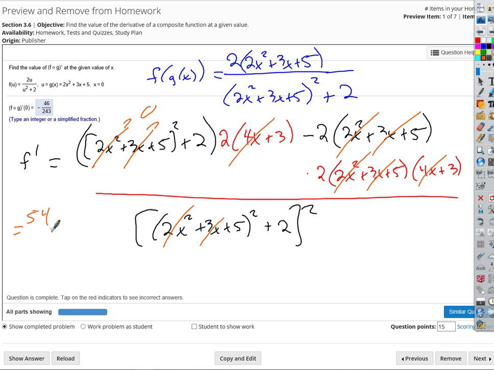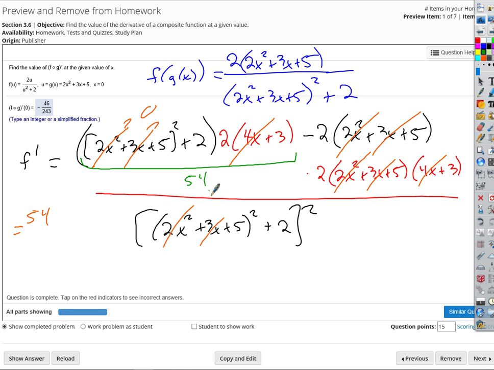Well, it's just messy up here, isn't it? Let's do it this way. This whole term right here, I can do that: 25 plus 2 is 27 times 2, so that's 54.